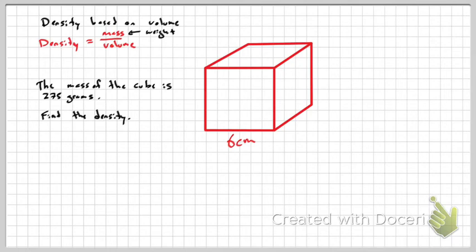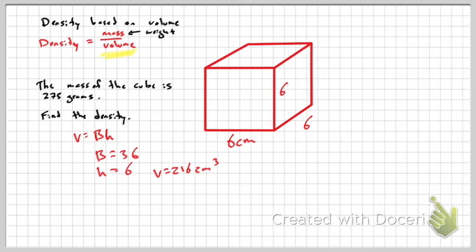Find the density. So notice that in order to find the density, we need volume. This is a cube, so we know that it's 6 by 6 by 6. So our volume is base area times height. Our base area is 6 times 6, or 36. Our height is 6. So 36 times 6 is 216 centimeters cubed.